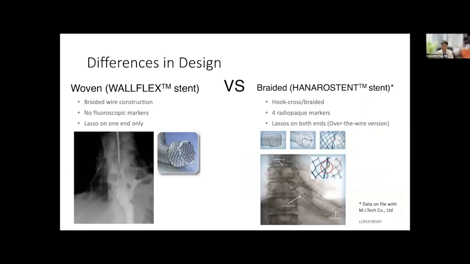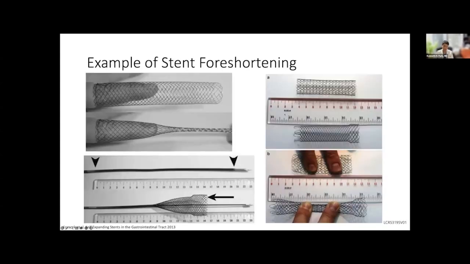Some other minor differences: the Hanaro stent also comes with multiple radiopaque markers to help you determine where the ends are. Sometimes it's hard to see where the stent is, especially the middle or the ends. So they have 4 gold markers, both at the ends and in the middle, to help you land the stent and visualize it better on fluoroscopy, as well as 2 lassos on both ends versus just 1.